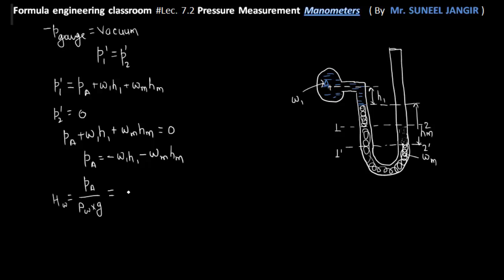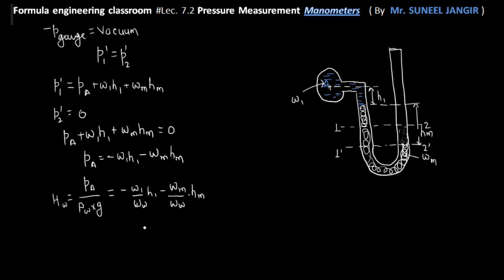So this will be equal to minus W1 upon W of water, that is rho G, into H1 minus Wm upon W of water into Hm.